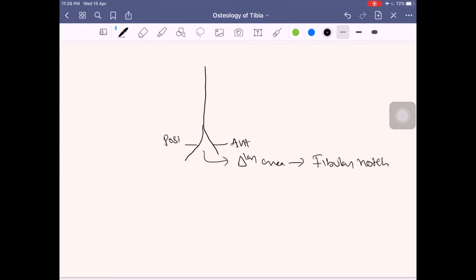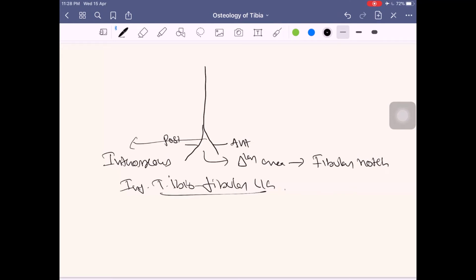So the distal part divides to enclose a triangular notch, and this area will provide the attachment to your interosseous, not important this one, inferior tibiofibular ligament. Okay, so inferior tibiofibular ligament is something.